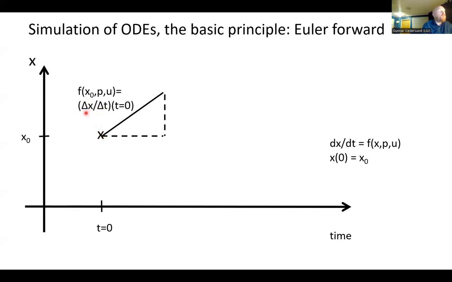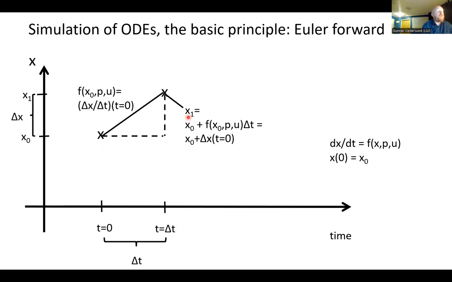So what we can do is use that derivative and take a step in that direction, and the length of that step here we call delta t. So basically the value, not at t equals 0, that's where we started, but at delta t, is simply the original value plus the derivative at the starting point times delta t.